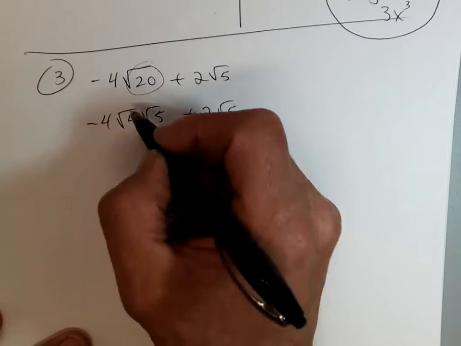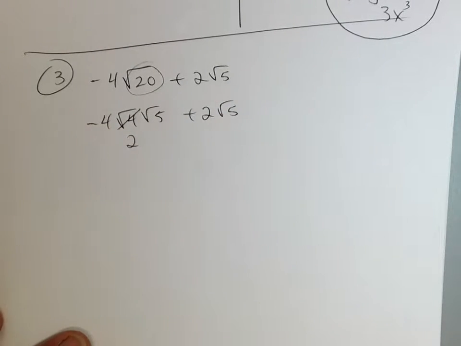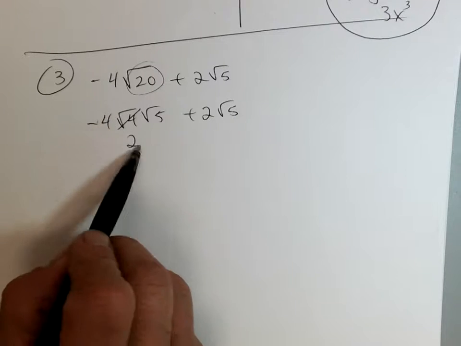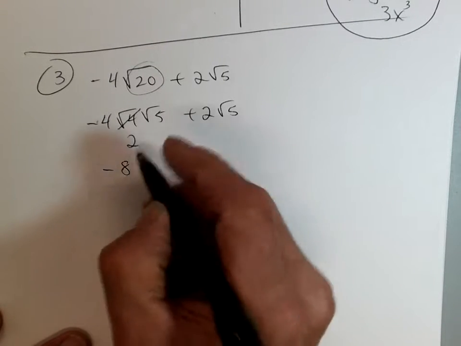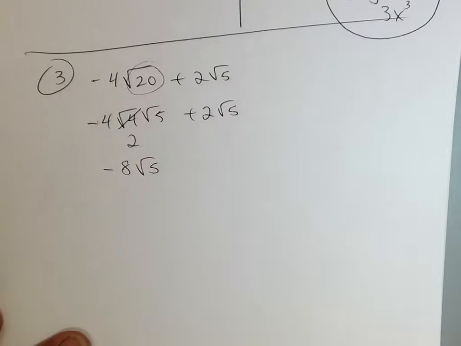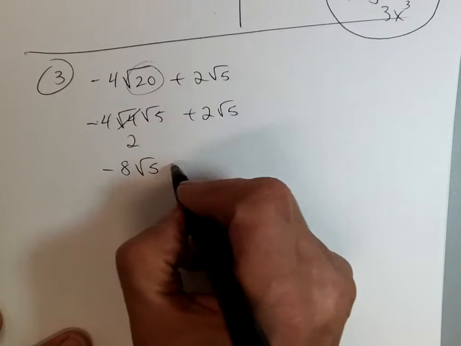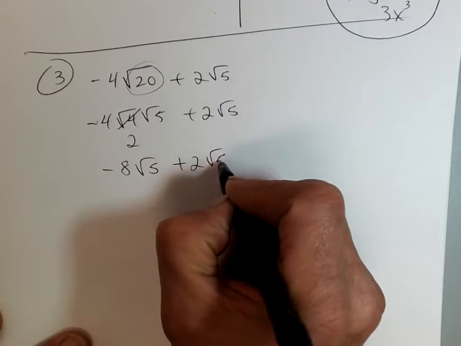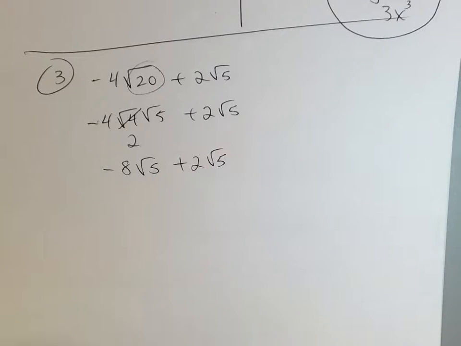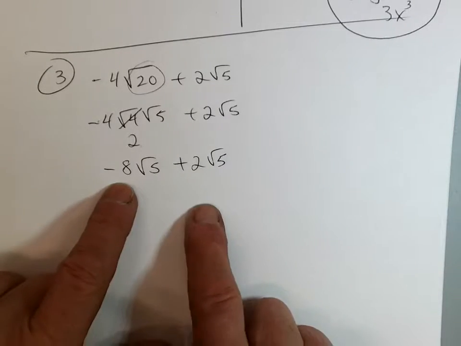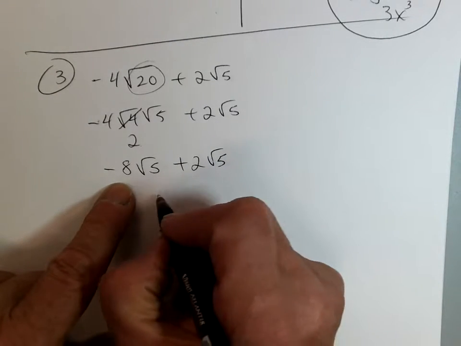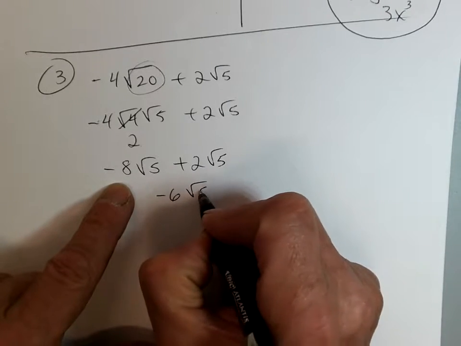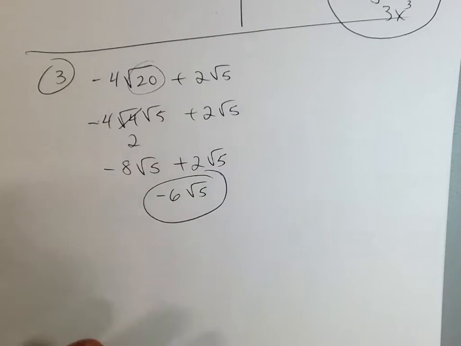I know the square root of 4 is 2. Negative 4 times 2 is a negative 8 square roots of 5. Bring down the 2 square roots of 5, and they can actually be combined because they're the same. Negative 8 and 2 makes a negative 6 square roots of 5. That's all I need to do.